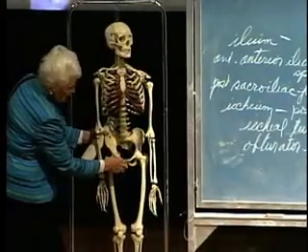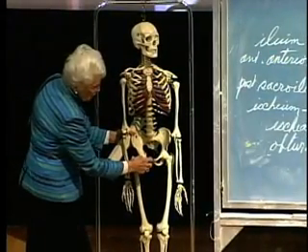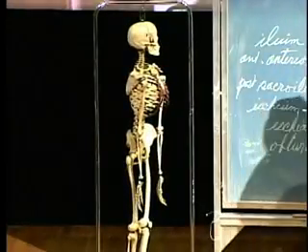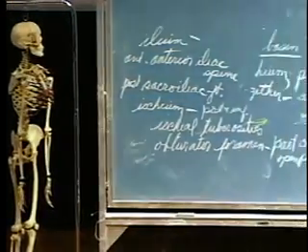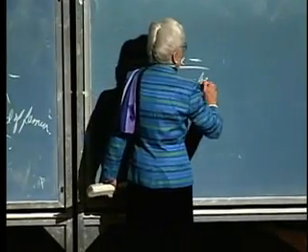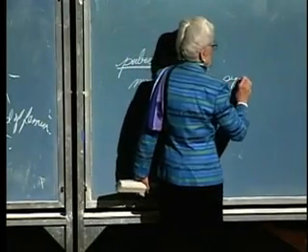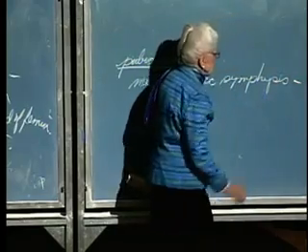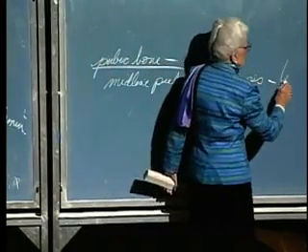It meets in the midline in what's called a pubic symphysis. It's a joint, midline, pubic symphysis. What does symphysis mean? Together.